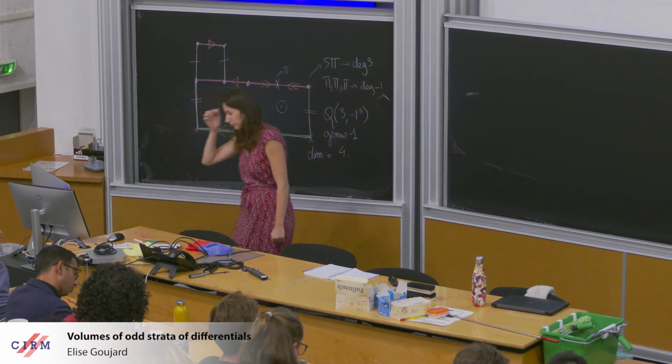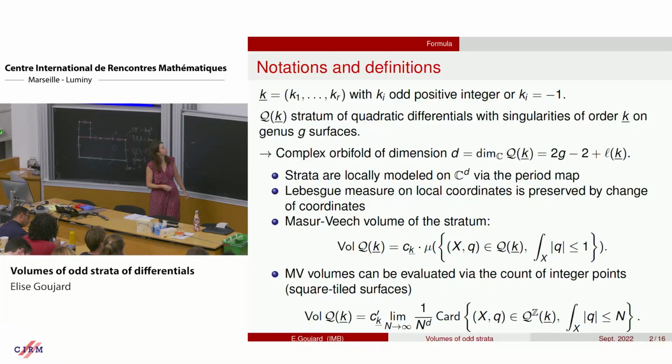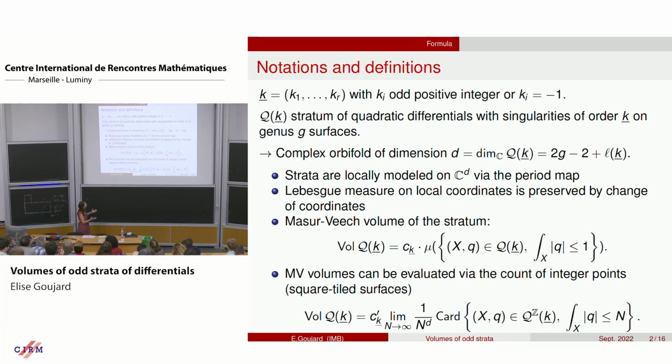Okay. So sorry, I said Lebesgue measure. So you get a measure by looking at Lebesgue measure on local coordinates and showing that this measure is preserved by change of coordinates. And you can define in this way the Masur-Veech volume of the stratum as the measure of the set of surfaces which have area less than 1.